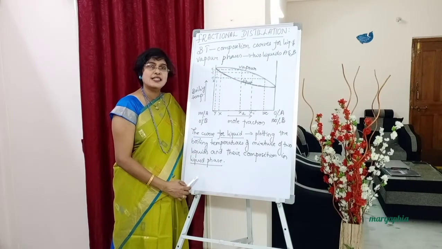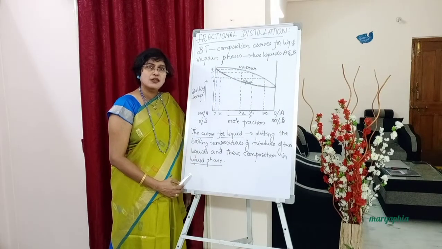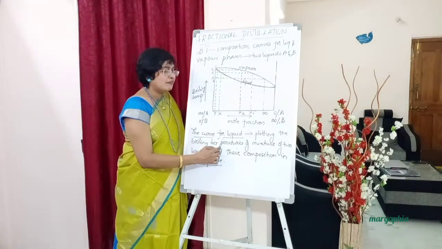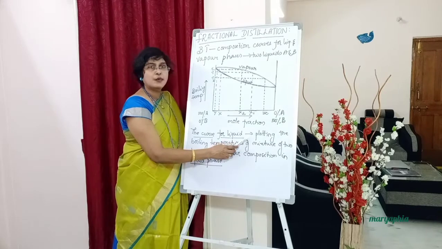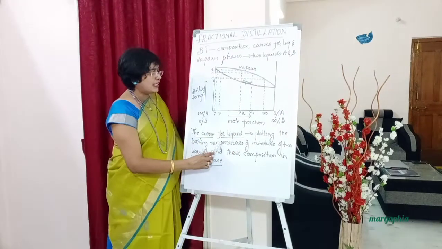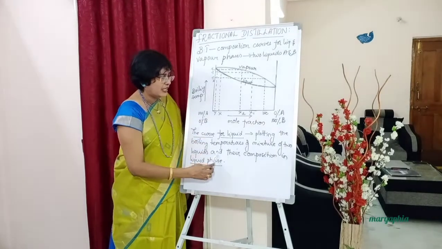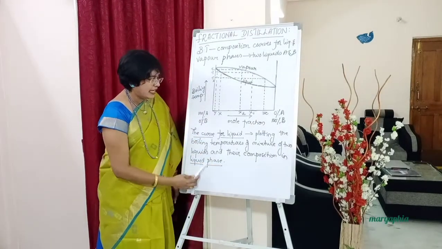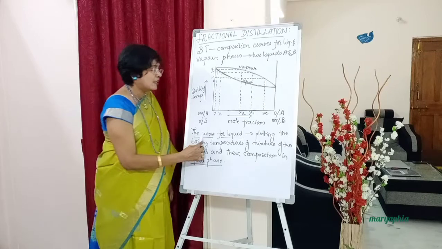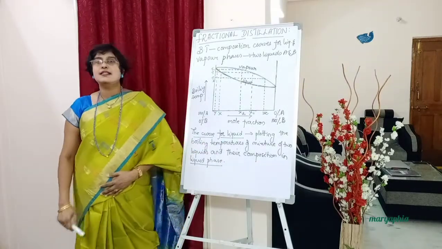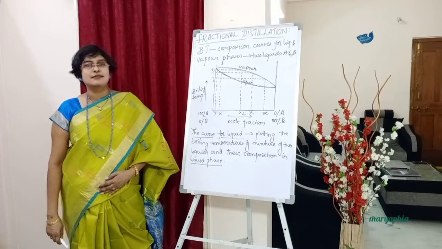I did not write that sentence because it is the same, so we can write it on our own. The curve for vapor is obtained by plotting the boiling temperatures of mixture of two liquids A and B and their composition in vapor phase. Underline curve for vapor and vapor phase. So let us see what this diagram explains.